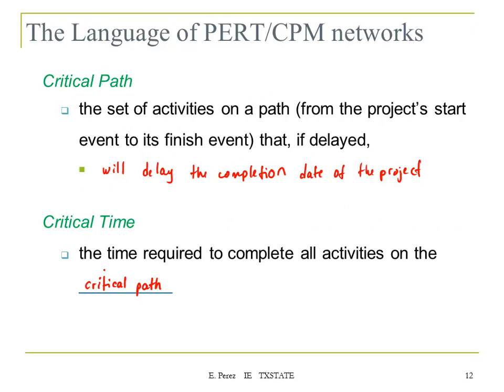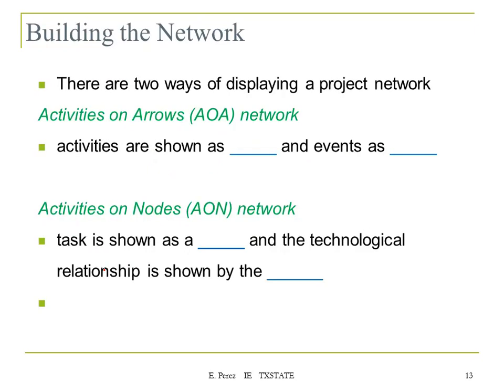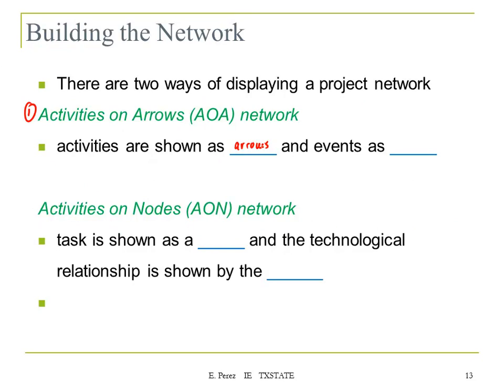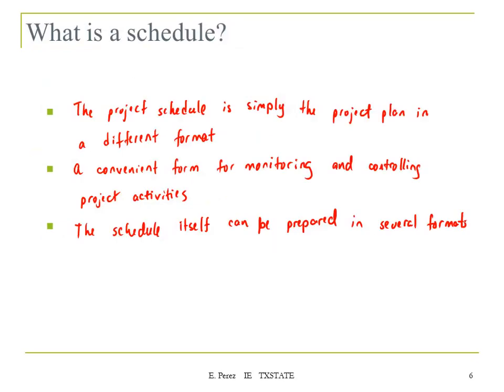There are two ways in which you can build or display a project network. The first one is the activities on arrows, AOA network, which is this one. In this way, activities are shown as arrows, and events are shown as nodes. So arrows and nodes.